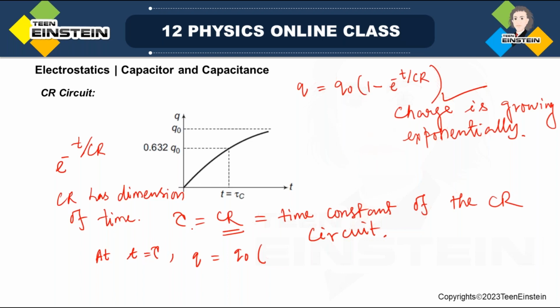When t is equal to tau, that means t is equal to CR. So when t is equal to tau, what happens to this equation is 1 minus 1 over e.